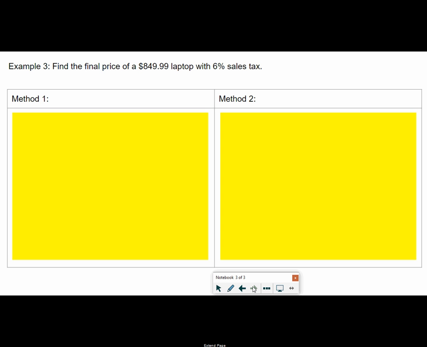Let's take a look at example 3. Example 3 is sales tax. Sales tax is also an addition. In method number 1, I'm going to add at the end. In method number 2, I'm going to add at the beginning. So method number 1, I'm going to do 6% of $849.99 is X. Set up my proportion, 6 over 100.